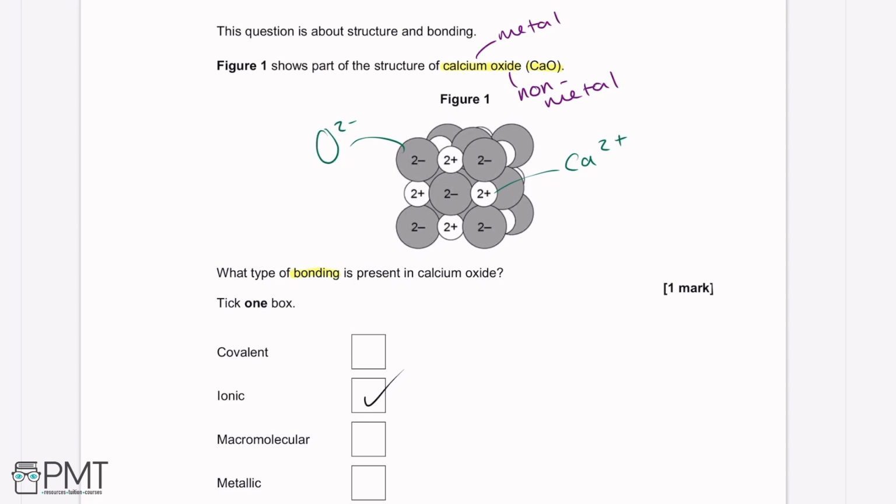Okay, and an ionic bond works off the transfer of electrons and that electrostatic force of attraction that occurs between the positive metal ions and the negative non-metal ions. Okay, so the answer for that is ionic for 1 mark.